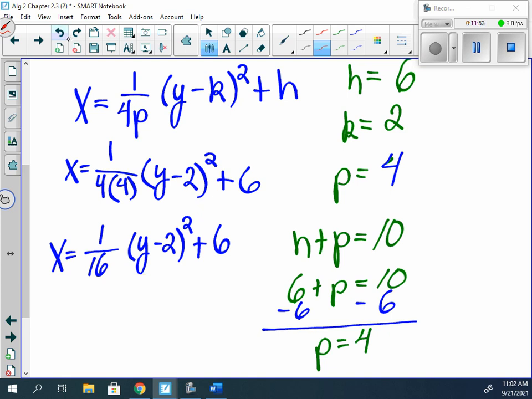Now, what was the question asking for? The equation of the parabola, yes? Is x equals 1/16 times y minus 2 squared plus 6 the equation of the parabola? Well, yes, isn't it? So even if I did square it and do the multiplying and getting it all the way down, that would still just be the same thing, wouldn't it?